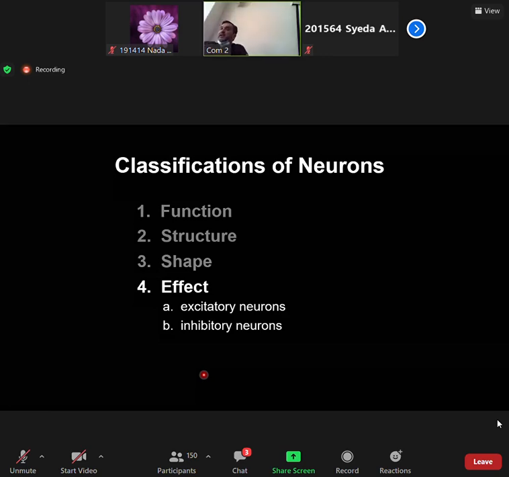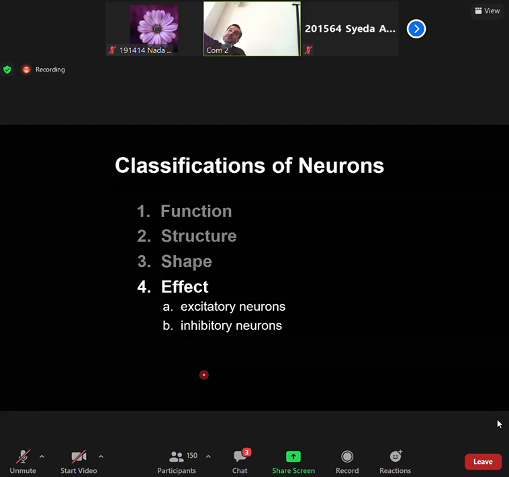So we can divide them based on function: sensory, motor, interneuron; based on their structure: unipolar, multipolar, pseudo-unipolar, bipolar; based on their shape, where different types of cell bodies are present in particular parts of the brain.